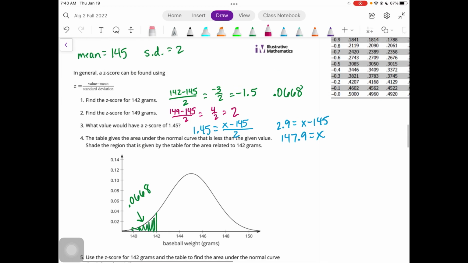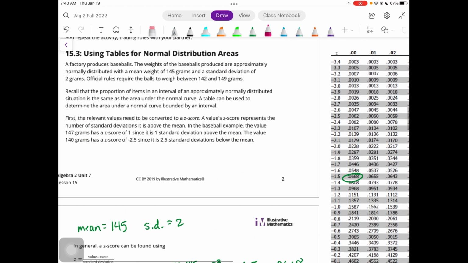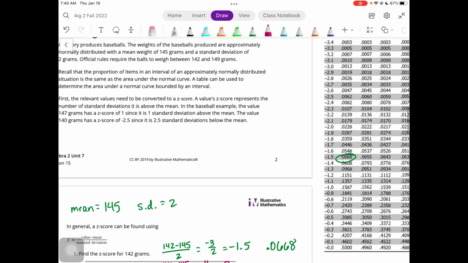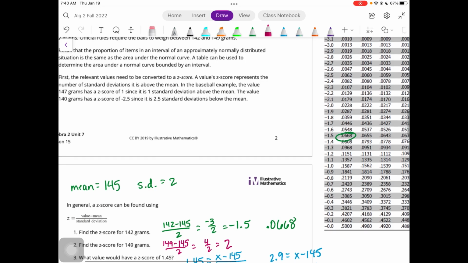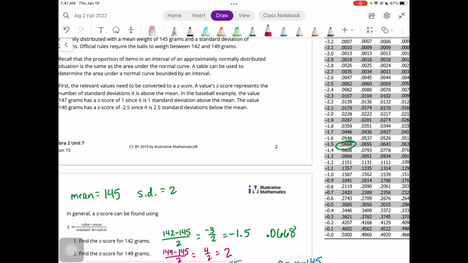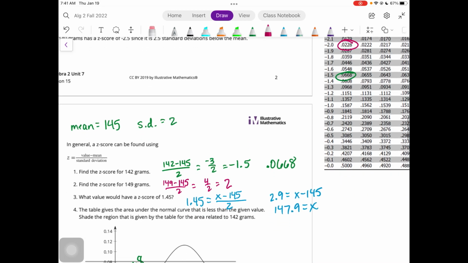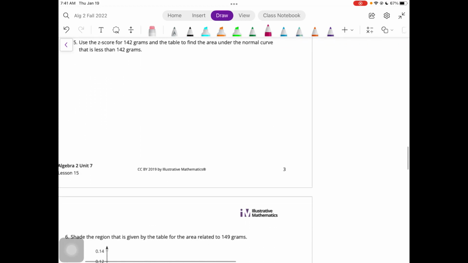For 149 grams, our z-score was 2. We don't have the positives on this chart. So this is the negative 2, and we're actually going to subtract that from 1. What was that? 0.0228.